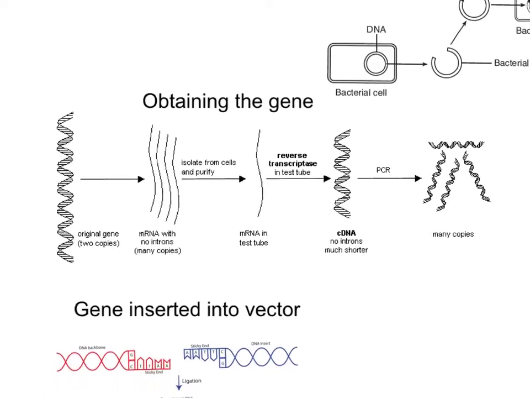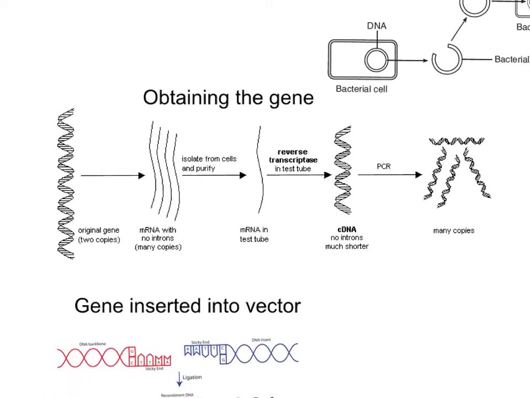One of the easier ways of isolating the gene was, I said, to start off with the messenger RNA. So if you had our gene in our beta islet of Langerhans cell, that makes mRNA, and that mRNA, if it's isolated, can then be treated with an enzyme called reverse transcriptase, which then makes our DNA.